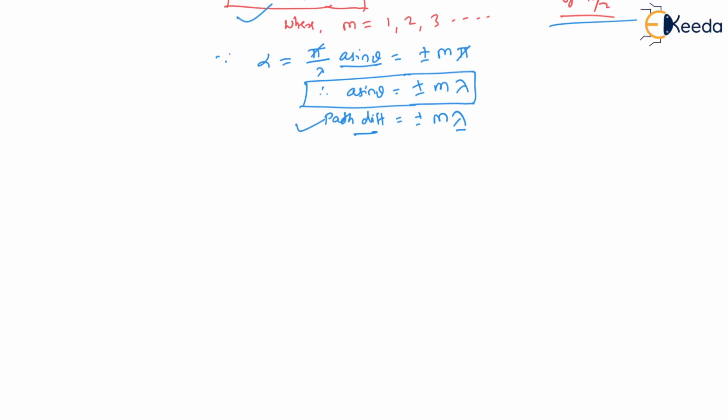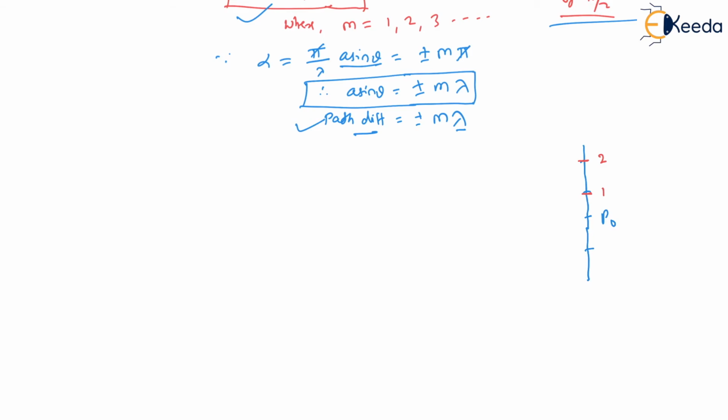Now we will find the condition for maxima. As I said, if we draw the general pattern, this is P naught, which will be your central maxima, and suppose these are the minima points. This was the first minima, suppose this is the second minima.